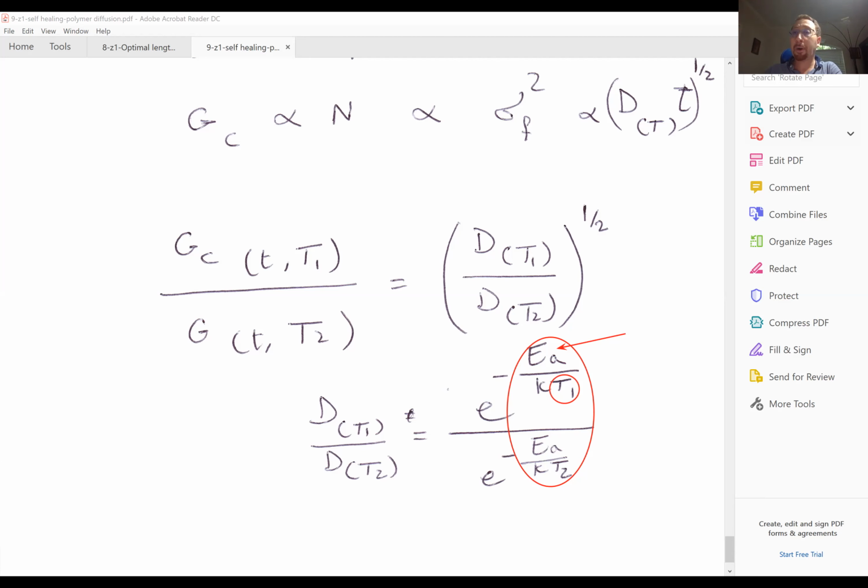But in some other cases, we can do other things. An example I want to share with you, it's not exactly in the context of self-healing, but it shows the changes we can do to the activation energy itself.